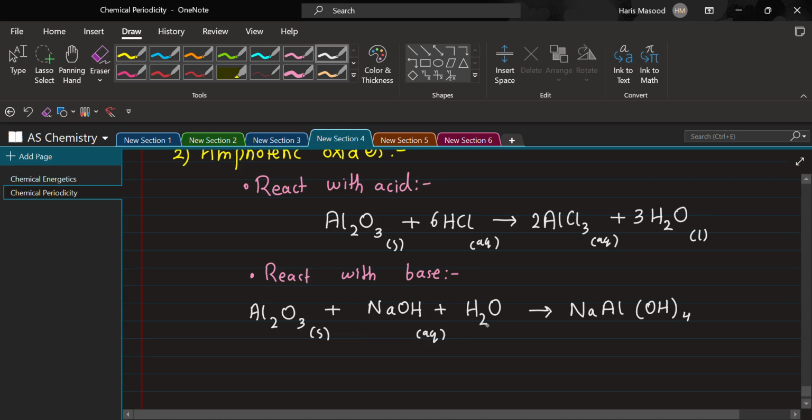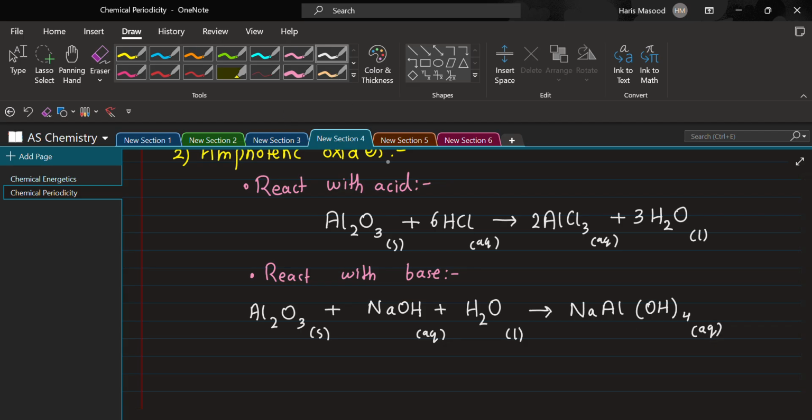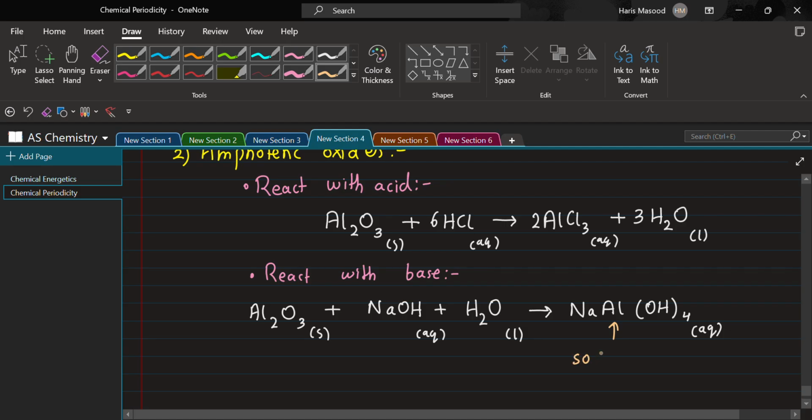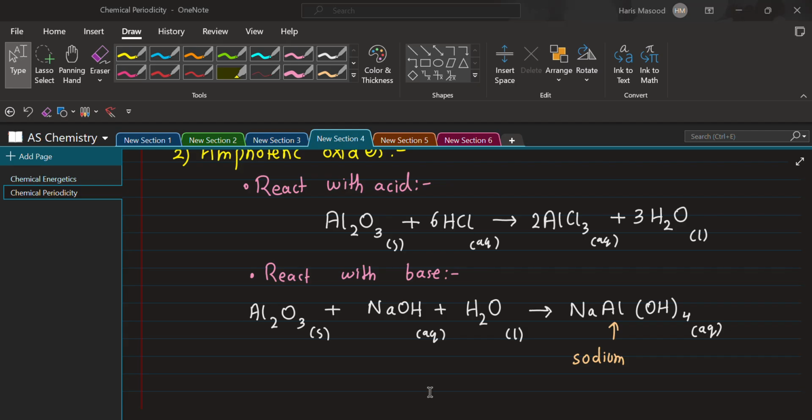This is an aqueous solution. We have taken hot and concentrated NaOH, and to form sodium aluminate, we have to take more water.